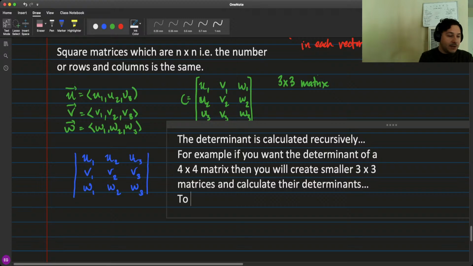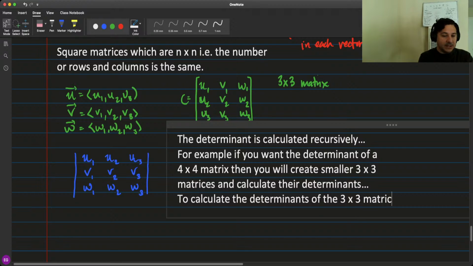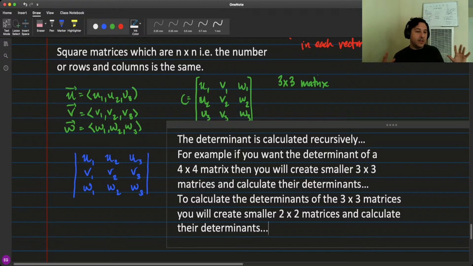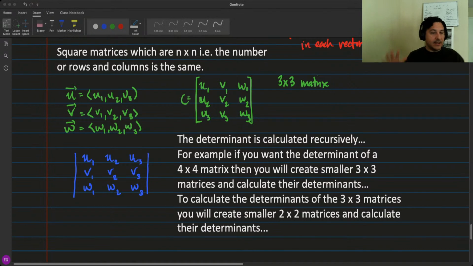And then to calculate the determinants of the 3x3 matrices, you will create smaller 2x2 matrices and calculate their determinants. So you start with something really big and you break it into smaller and smaller pieces. That's what we mean by a recursive definition.